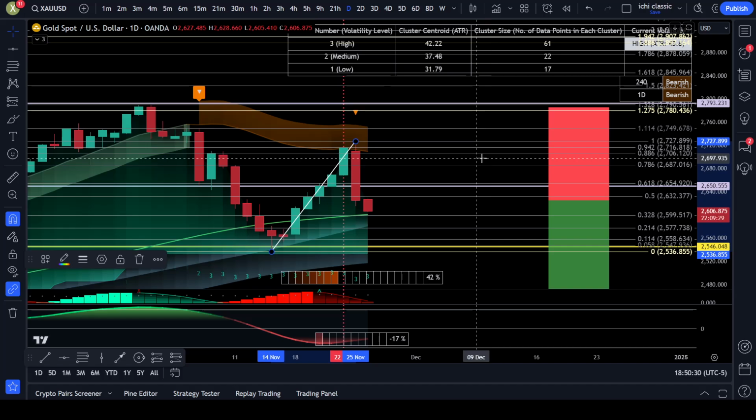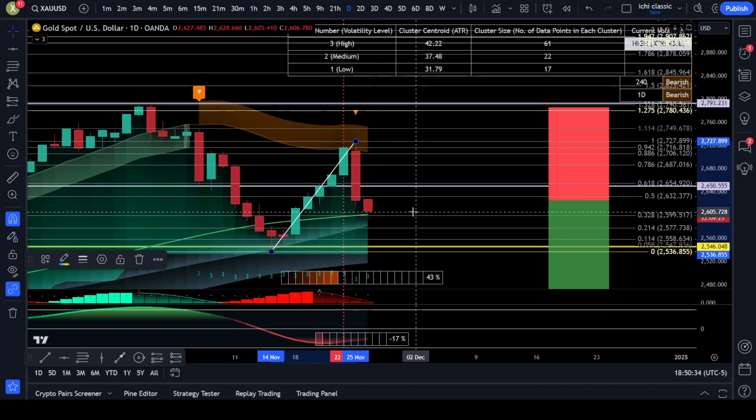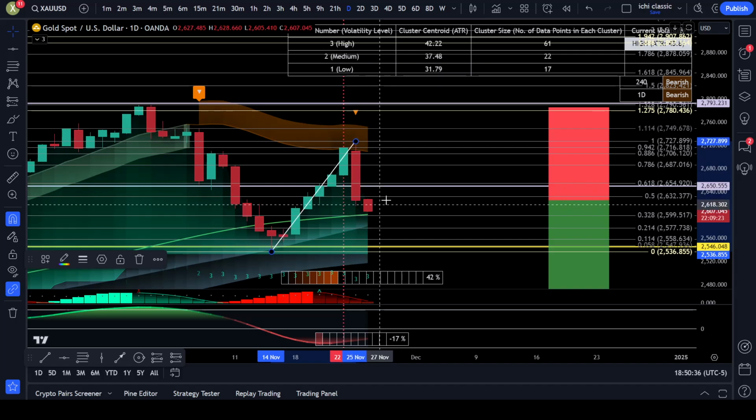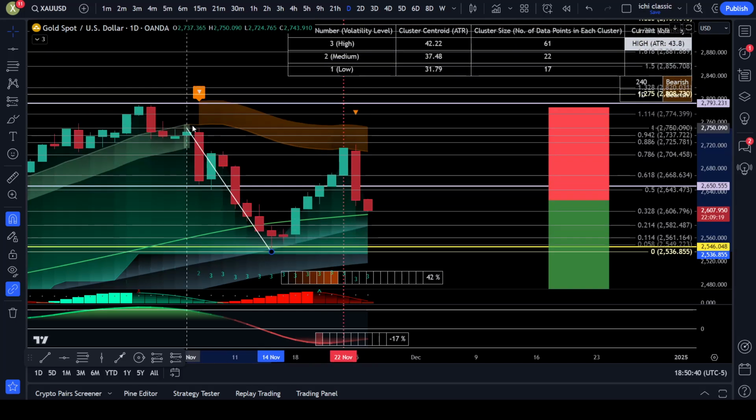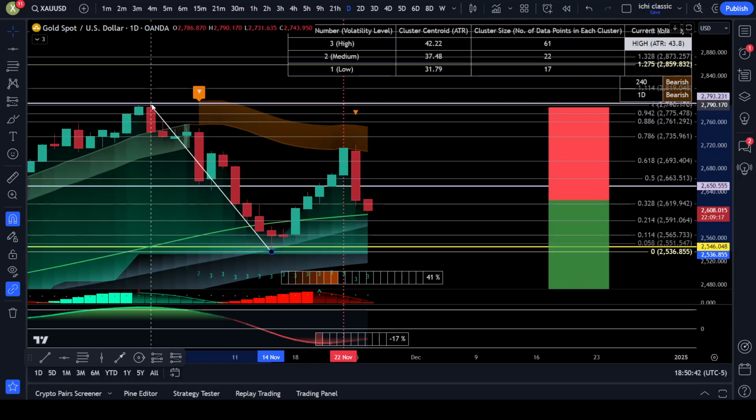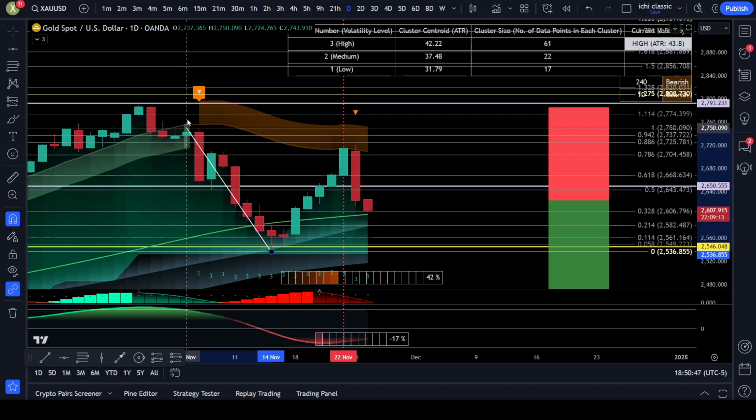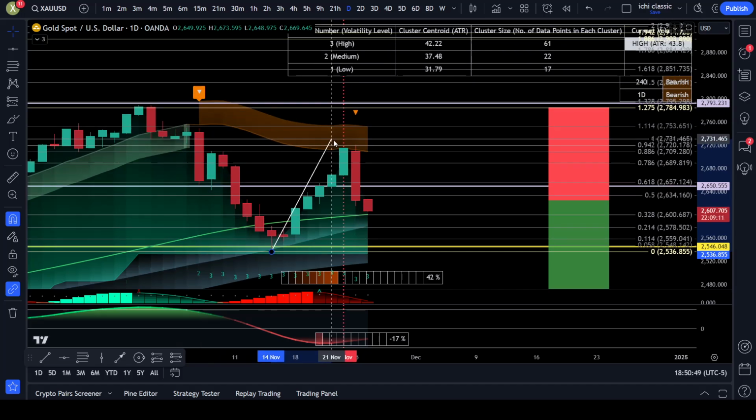So here we go. If I simply fib from low to high, I'm not seeing on the daily that this candle honors my fib. So I would have to fib differently and try to find the match. I don't see it.